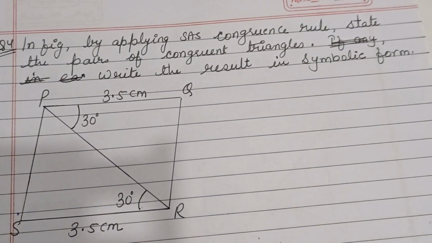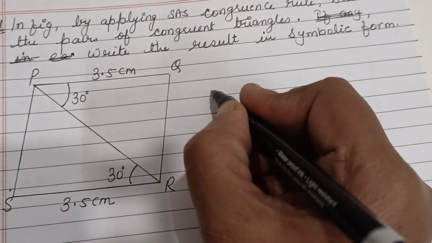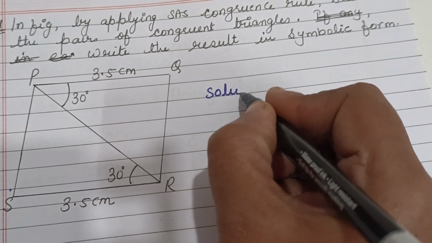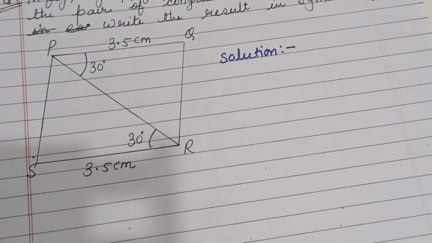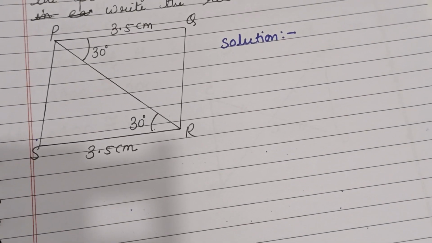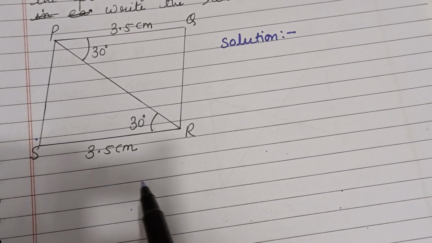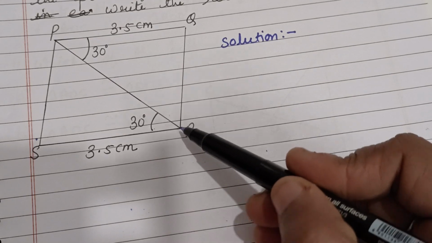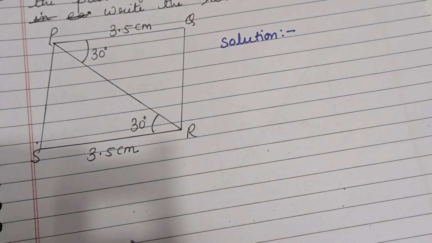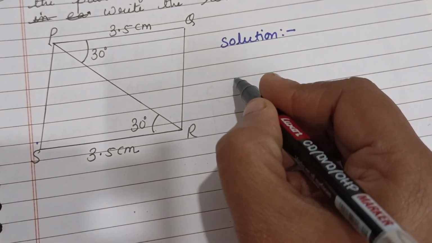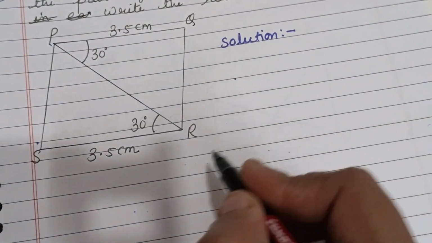When I do the solution, as I told you in the previous SSS congruence also, it is required to remake a rough diagram of the triangles which can be formed. Here this diagram will be cut along PR, so we will get two triangles. I am just making a rough diagram.